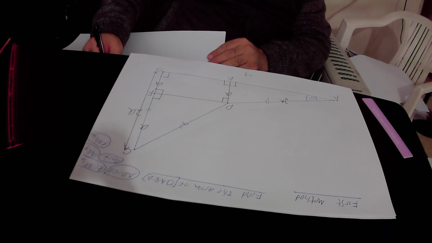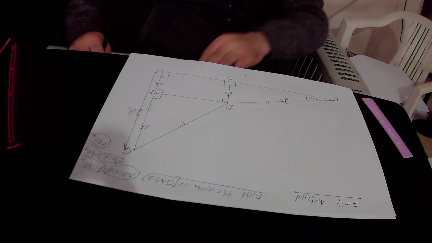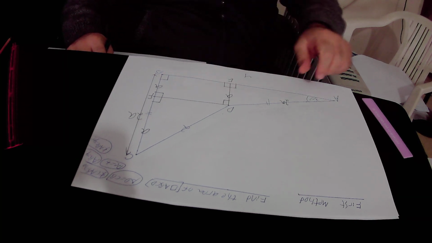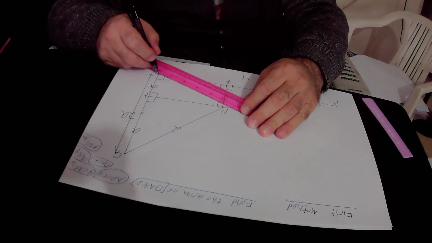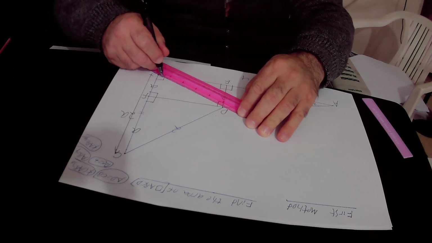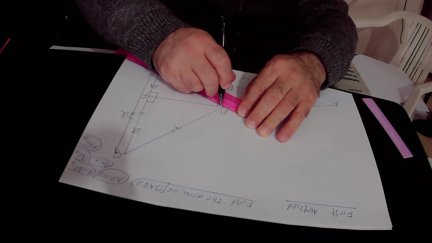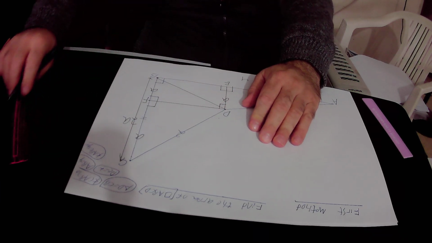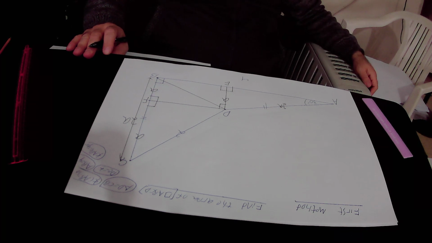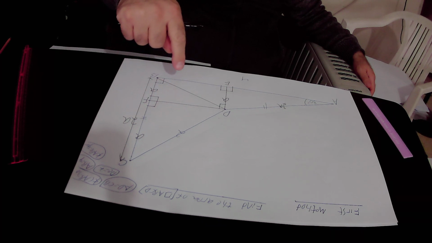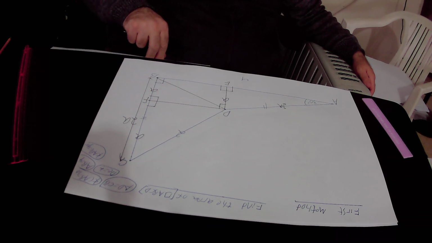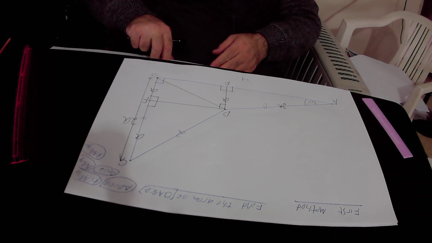In the next step, we will join together points D and B by a straight line. And we will prove that triangle DCF is congruent to triangle DFB. I'll repeat again.